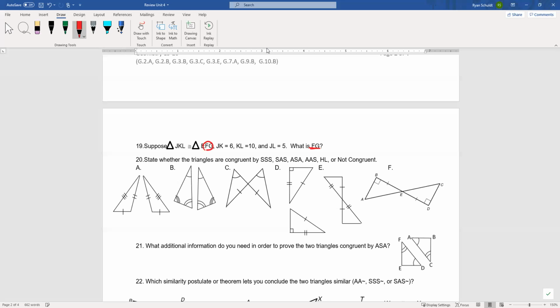Which one's congruent to FG? KL. So FG is equal to KL. Well, what's KL equal to? KL equals 10. So that means that FG equals 10.